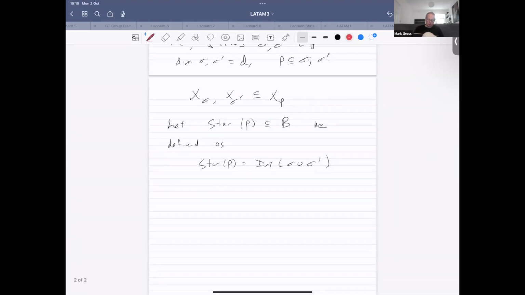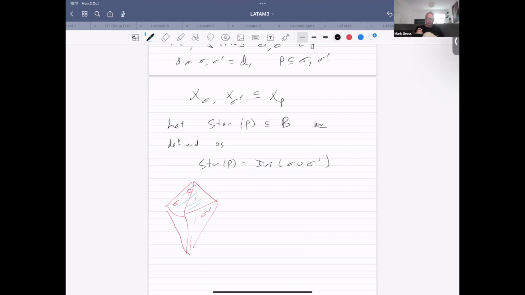So the picture, let's say we're in 3 dimensions, is we have 2 maximal dimensional cells, sigma and sigma prime, meeting along a cone rho. And the star of rho, of course, is just the interior of this union of 2 cells.